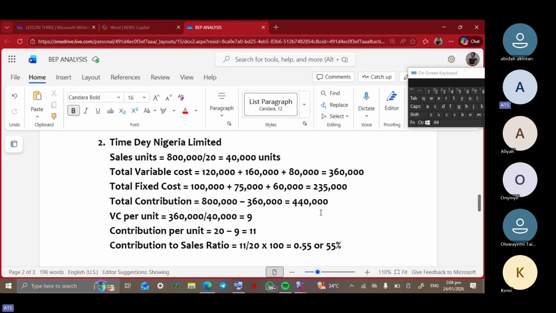We are given our fixed cost, but it was broken down into three different things, so we have to add everything together to have our total fixed cost. They did not give us our contribution per unit, so we had to find that ourselves. If we want to do it in naira, we need the contribution margin ratio. They did not give us that either. They did not even give us our total variable cost as a whole; they broke it down, so we had to find it.